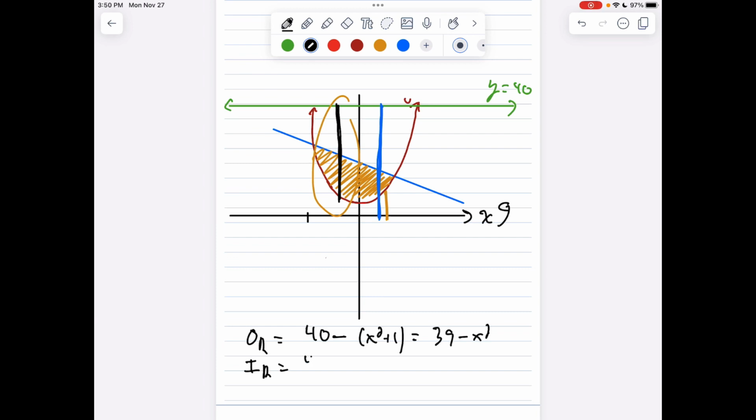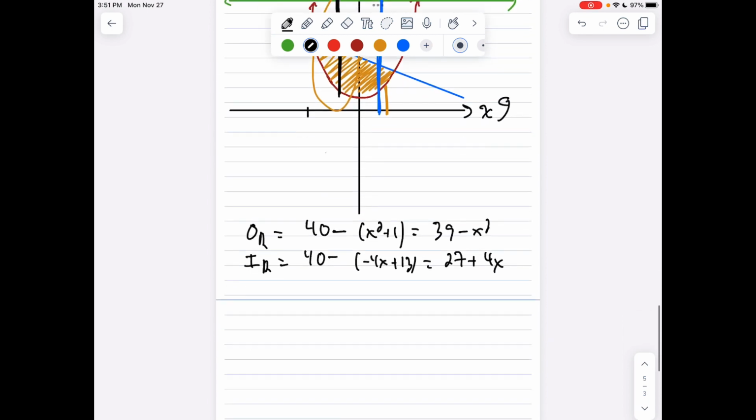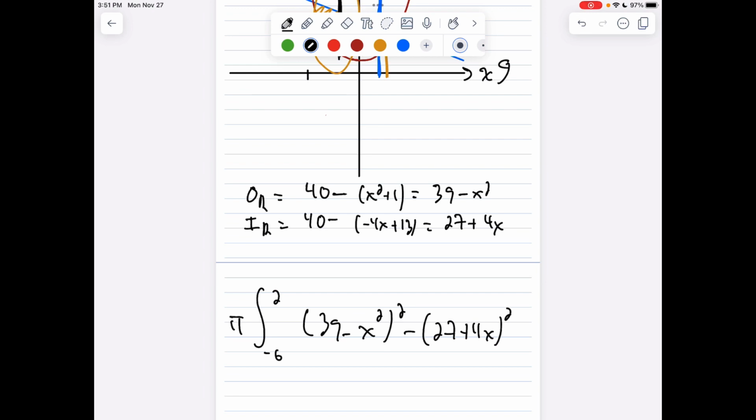Likewise, 40 minus negative 4x plus 13 gives me 27 plus 4x. That is my inner radius. So that is what you would have for your inner and outer radius, and you would set up your integral again from minus 6 to 2, with a pi: 39 minus x squared, squared, minus 27 plus 4x, all squared, dx.